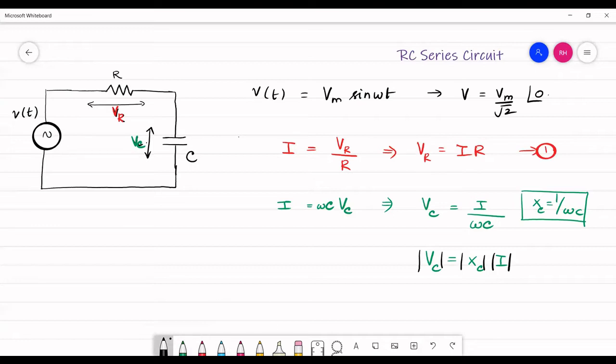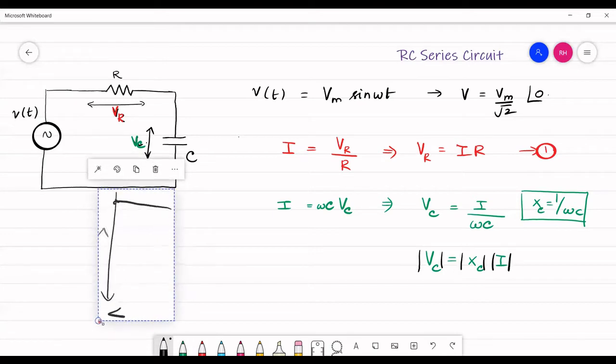And we know the phasor relationship between the current and voltage for a capacitor. For a capacitor, current leads voltage by an angle 90 degree, or we could say voltage lags behind current by an angle 90 degree. So let us just have this phasor diagram rotated to an angle 90 degree.